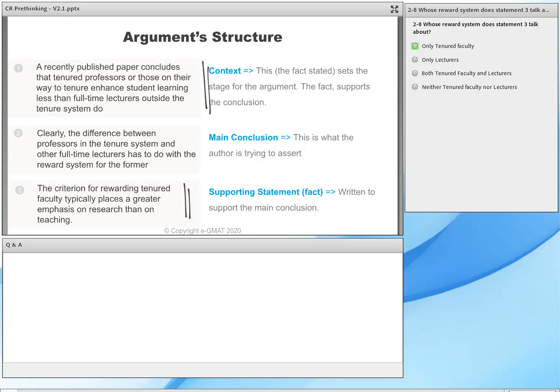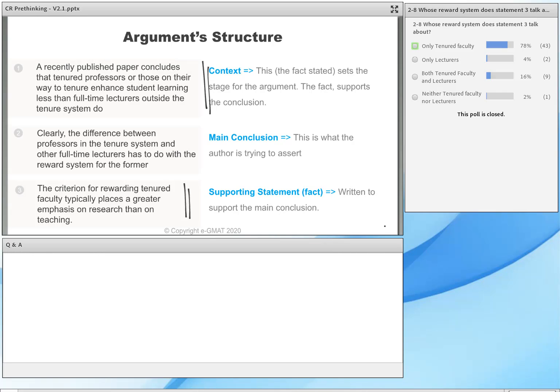Again, I want 50 responses here. I have 16, 19, 20, 25, 40, 43, upwards of 50. Great. Let me end the poll, broadcast the results.